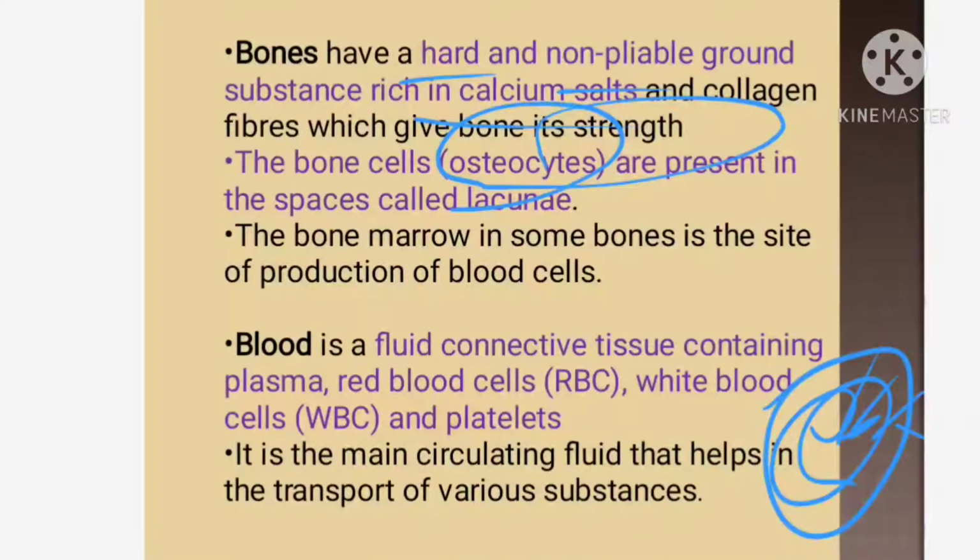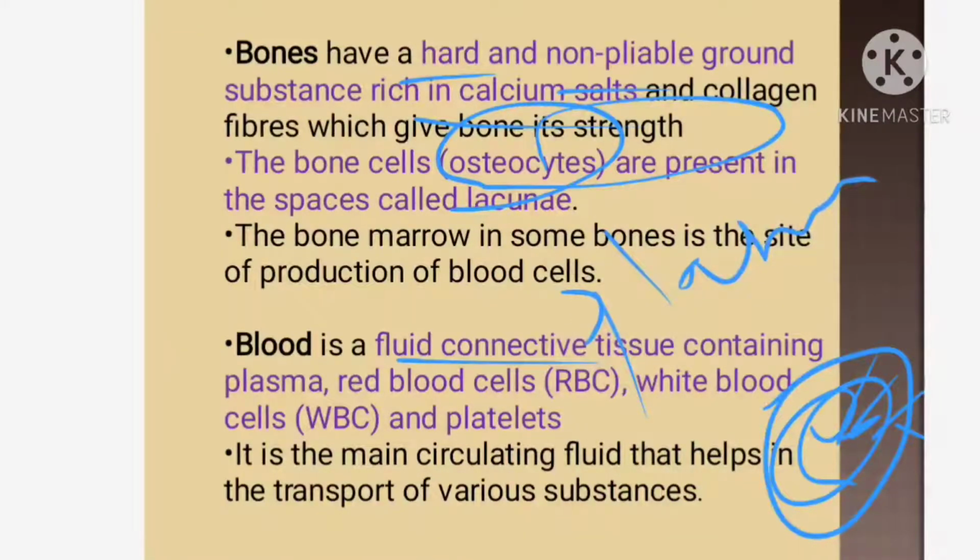And the last specialized connective tissue we are going to discuss is blood. It is a fluid connective tissue. Blood is a fluid. The major composition of blood is water. And in this fluid connective tissue, the water part of the blood we call plasma.